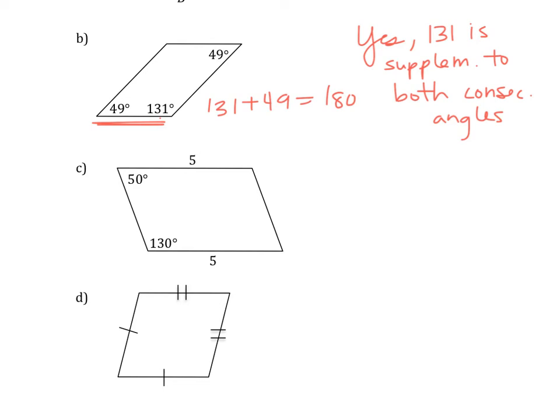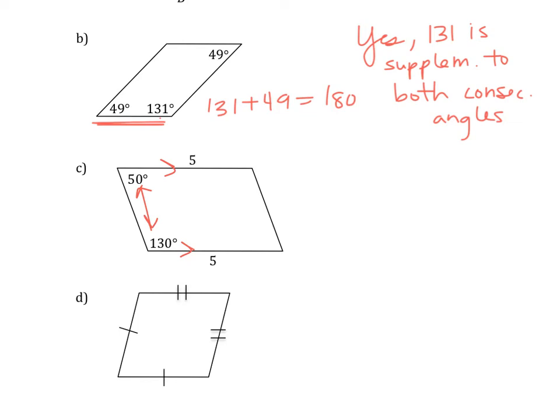Right. Okay, so here's the thing. 50 and 130 are same side interior angles. And we learned in chapter 3 that if same side interiors are supplementary, then what? Lines are parallel.